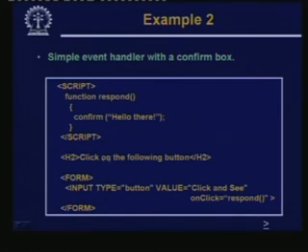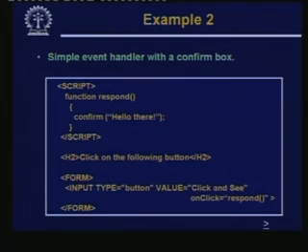This is the heading, click on the following button, and here as if we are creating a form. But the point to remember is that here we are creating a form not to allow the user to enter something which will be sent back to the server, rather we are allowing you to take some local actions. Forms with JavaScript can be used to take some local interactive actions also, like this example shows.